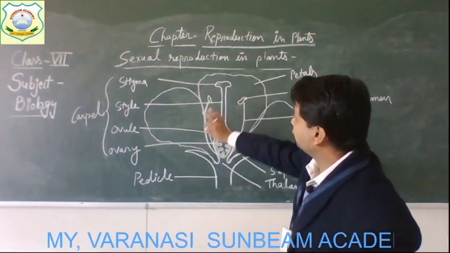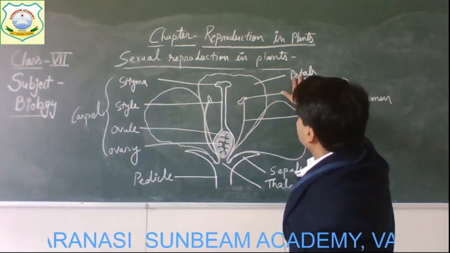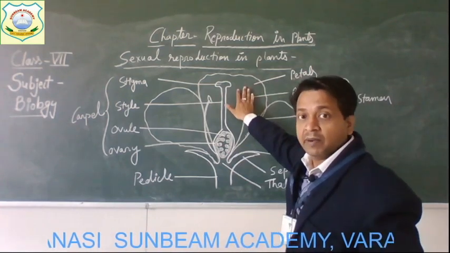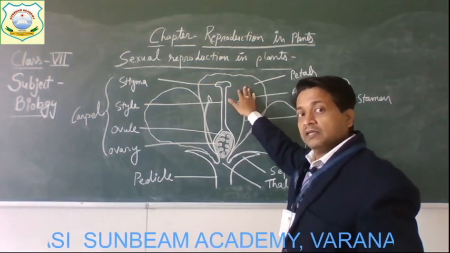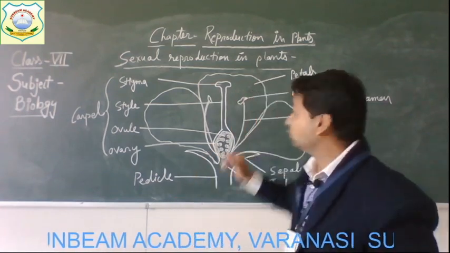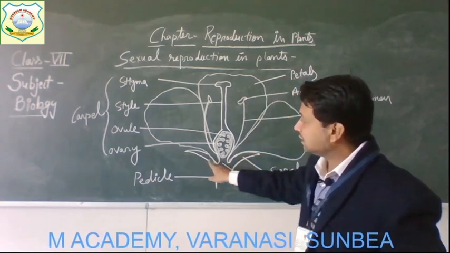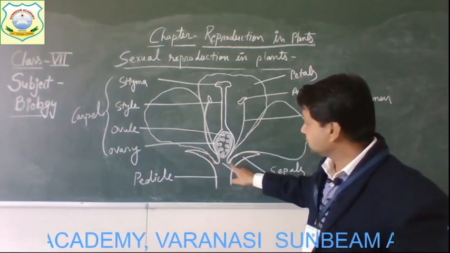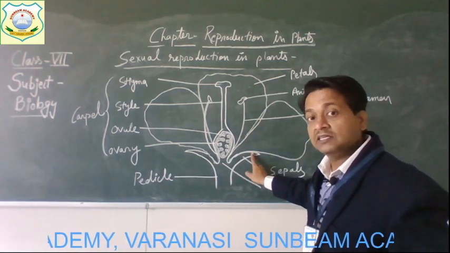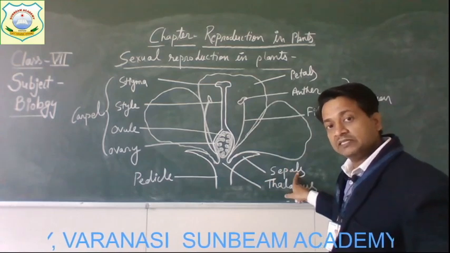So these are the different parts of the flowers. Children, see that petals are the colorful parts. They are red, white, yellow in different flowers and are known as petals. Below the petals, a green colored small leaf-like structure is there, and these are known as sepals.